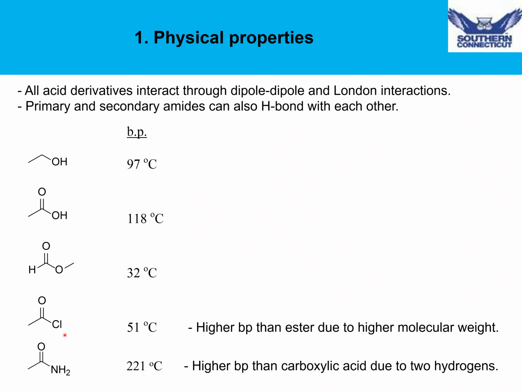An acid chloride has a boiling point of 51 degrees Celsius. Compare that to a carboxylic acid, which has a much higher boiling point. We could explain this by the fact that carboxylic acids interact with each other through hydrogen bonding, while an ester and an acid chloride would interact with each other mostly through dipole-dipole interactions as well as London forces.